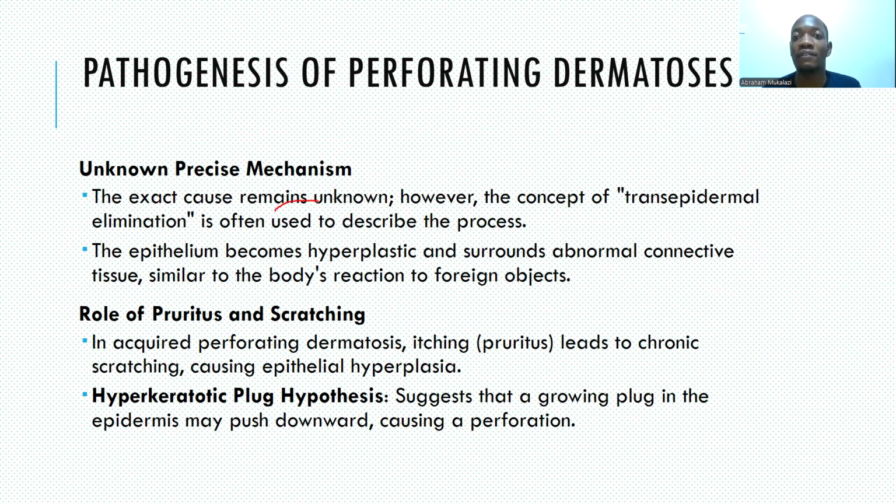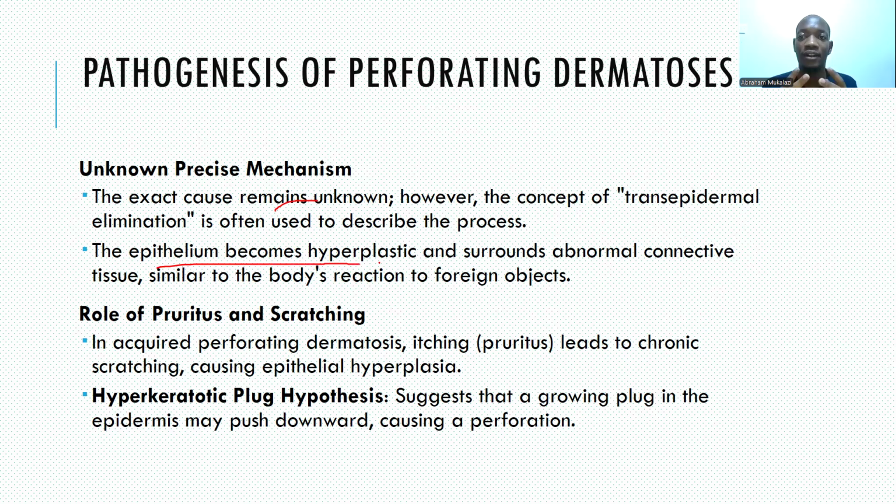However, we have this line of thought that you have transepidermal elimination of undesired proteins or components from different layers of the skin through the epidermis. In this case, we've seen that the epithelium usually becomes hyperplastic. Then it will surround that abnormal connective tissue, the same thing that you usually see in foreign body reactions.